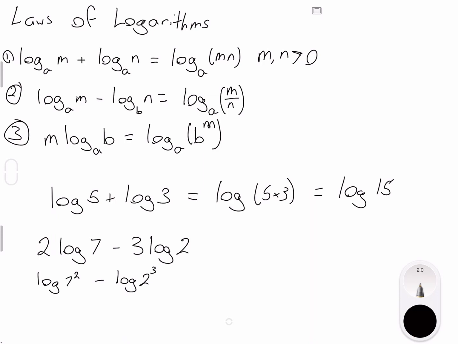So 7 times 7 is 49, so log of 49 take log of 8. Then we can use rule 2 and simplify it. So this becomes the log of 49 over 8. And that's our answer.